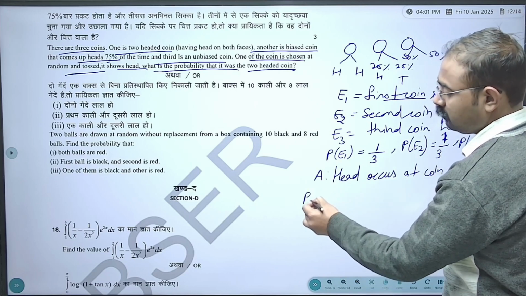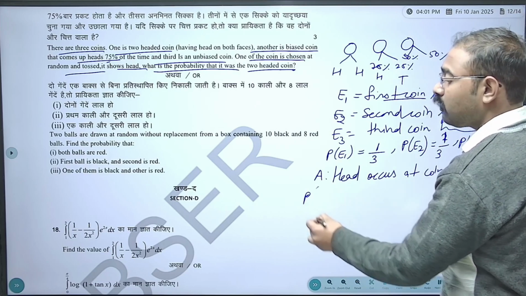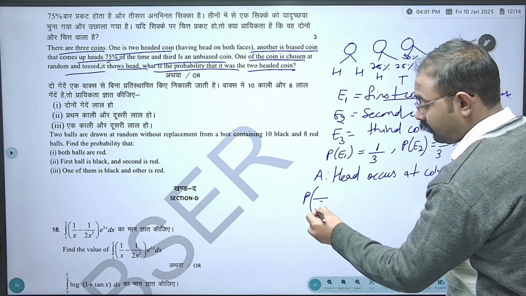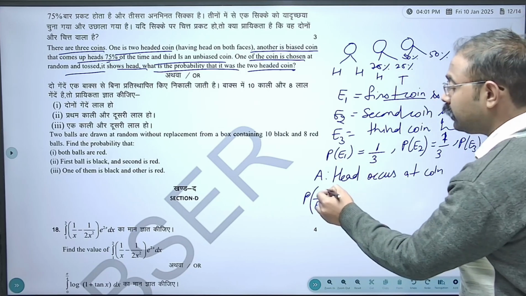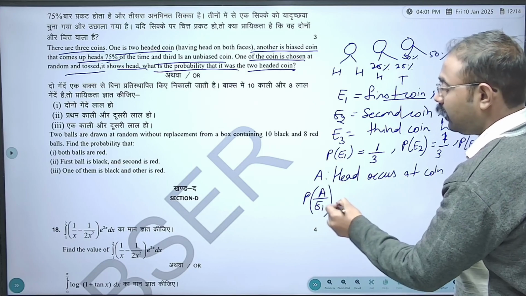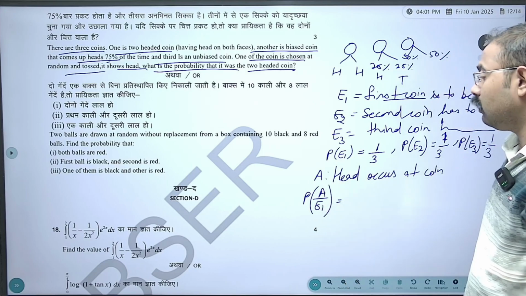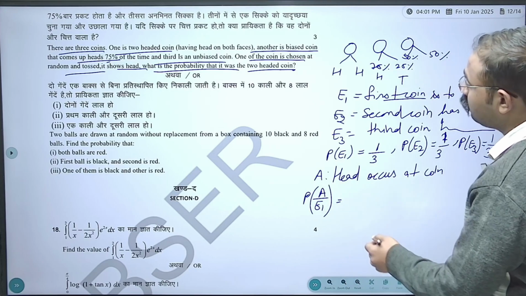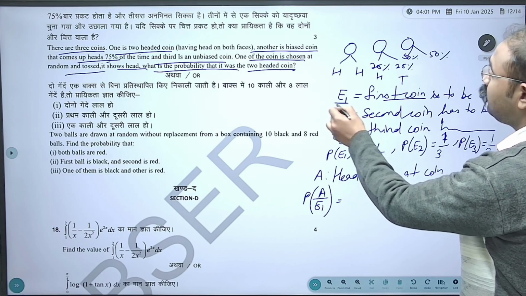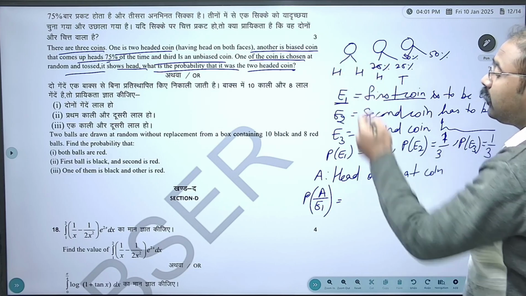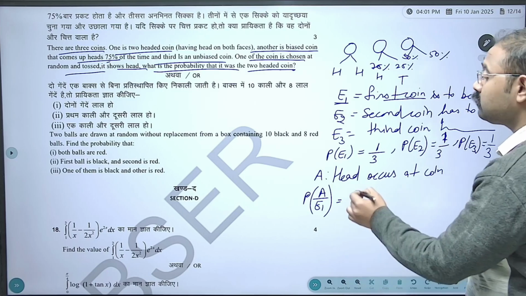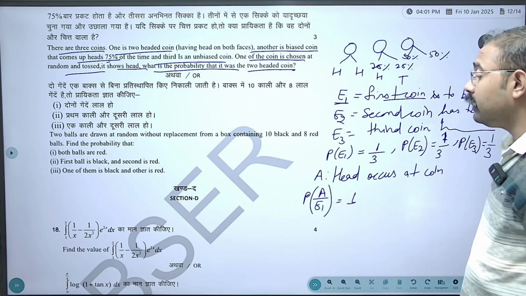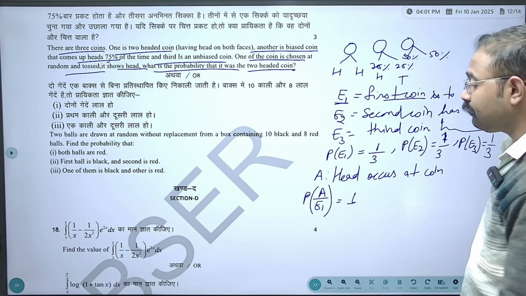Now we will find the conditional probability that the first coin is chosen and head is occurring on that coin. The first coin is a two-headed coin. So whenever we toss the first coin, both times we will get head. So the probability of getting head on the first coin is 1.